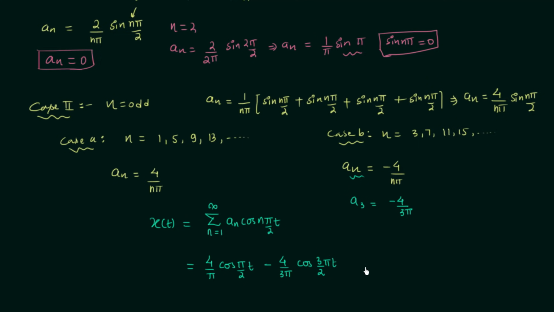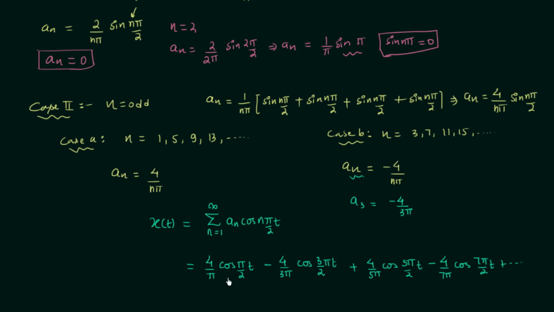In the same way we will find out the value when n is equal to 5. It is equal to plus 4 by 5 pi cos 5 pi by 2t, and when n is equal to 7 we have minus 4 over 7 pi cos 7 pi by 2t and so on.